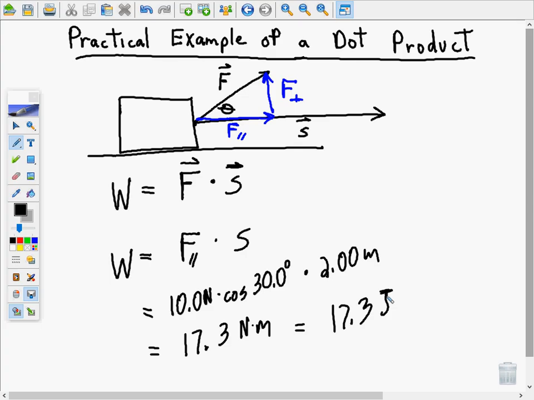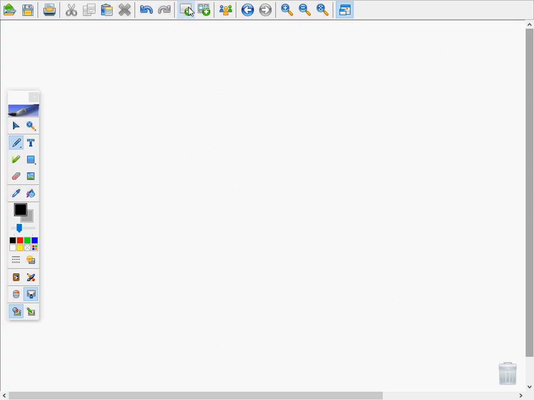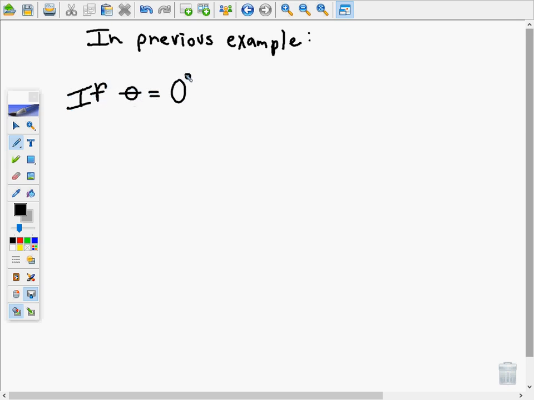So, in that example, if theta was 0 degrees and the whole shebang, the force, was exactly in the direction of the displacement, determine what the work would be.